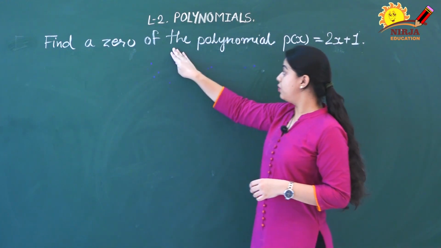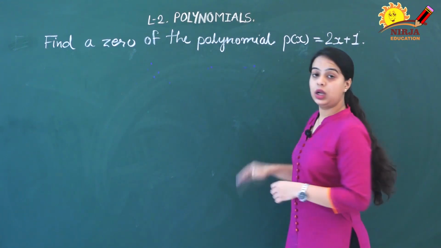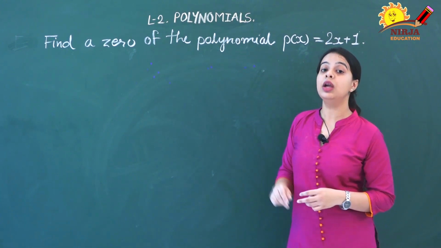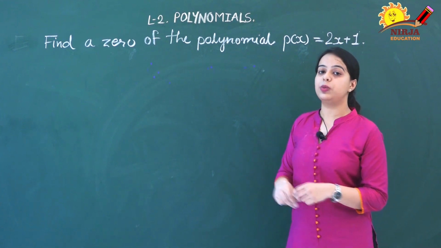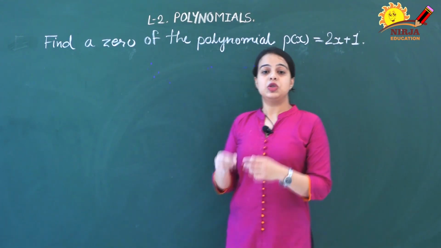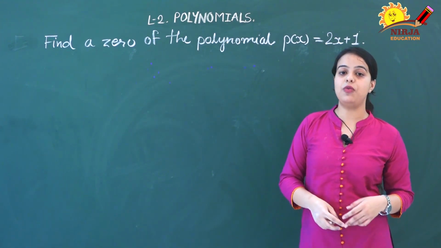Find a zero of the polynomial p of x is equal to 2x plus 1. Here one polynomial p of x is equal to 2x plus 1 is given, and we need to find zero of this polynomial. Right? How we can find the zero of this polynomial? So by solving this equation, we can find zero of polynomial.